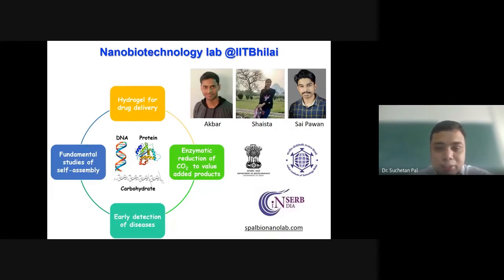And also we are interested in fundamental studies of the assembly of these molecules inside the cells. And our research is currently funded by the Department of Biotechnology and NSAR, and then IIT Bhilai also.